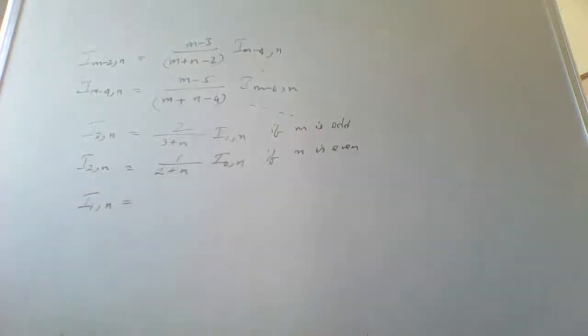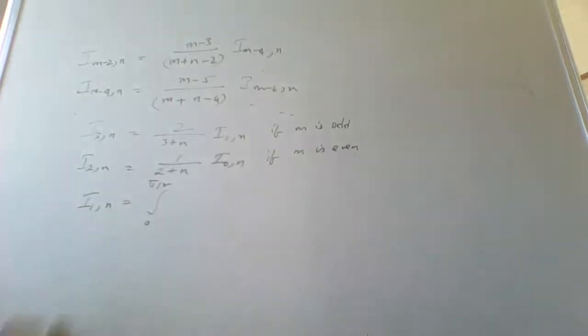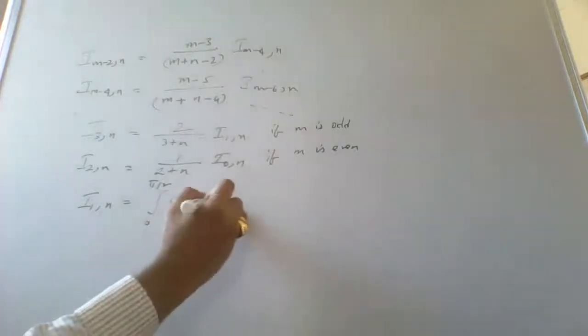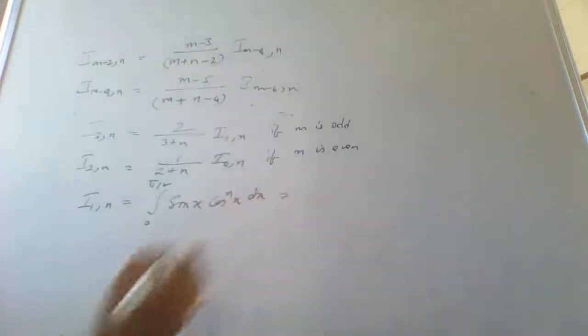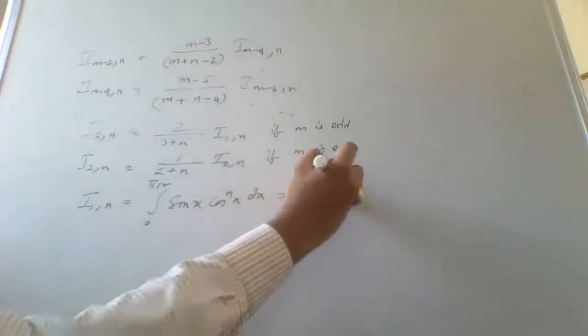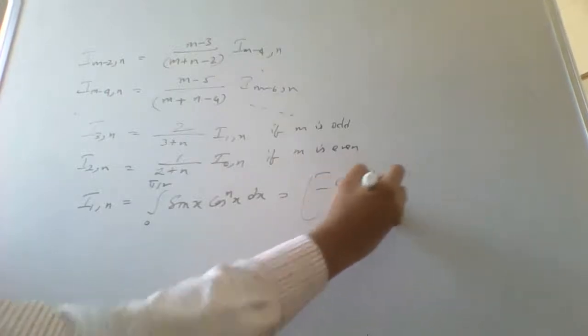I1 comma n would be the integral from 0 to pi by 2, now power 1, so m is 1, so here you get sin x cos to the power n x dx. Now when you substitute cos x as t, I get minus cos to the power n plus 1 of x divided by n plus 1.